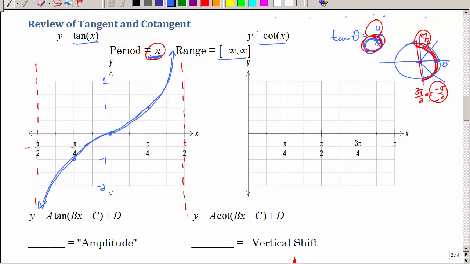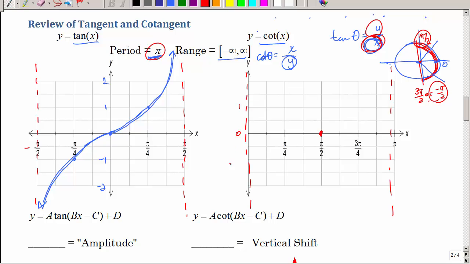But cotangent of theta was defined to be x over y. So we need to know when y is 0. Well, at the opposite values. So we're going to have asymptotes at 0 and pi. And in like manner, the cotangent is equal to 0 at pi over 2.